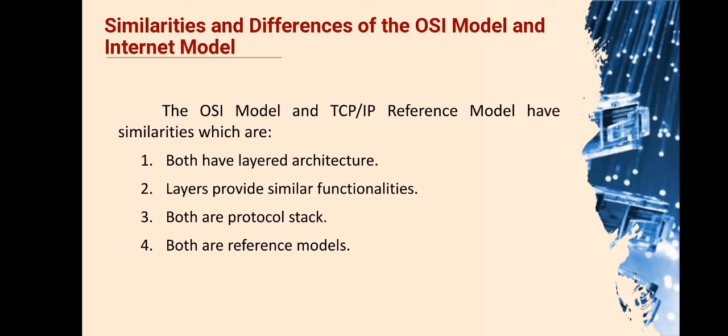Number three, both are protocol stacks, so they use different protocols like what we have mentioned: the telnet, the FTP, the SMTP, and the DNS. And lastly, both are reference models. So when you say reference models, they make use of different or multiple protocols for each layer.